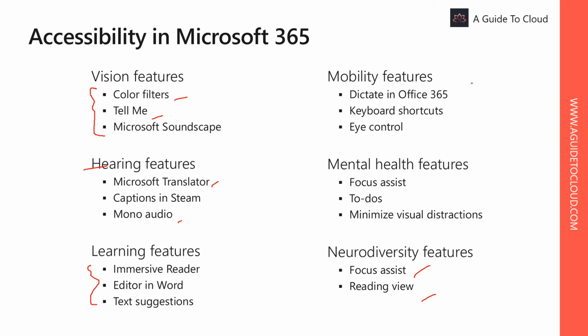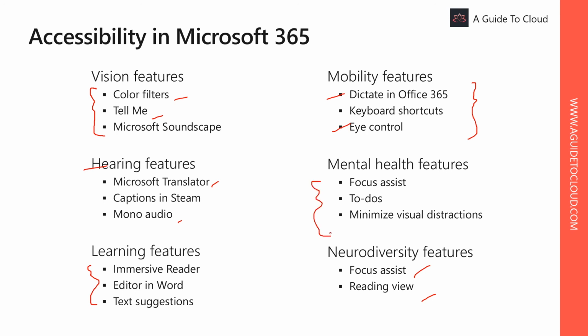For mobility, we have Dictate in Office 365, Keyboard Shortcuts, and Eye Control. Dictate lets you convert your speech to text in Office 365 applications such as Word, PowerPoint, and Outlook. If physical disabilities make it difficult to use a keyboard, Windows 10 offers built-in support for eye control, an effective way to use your PC with just your eyes.